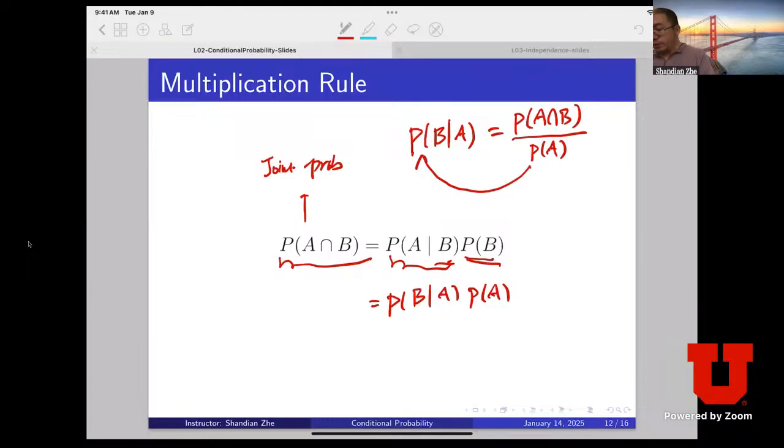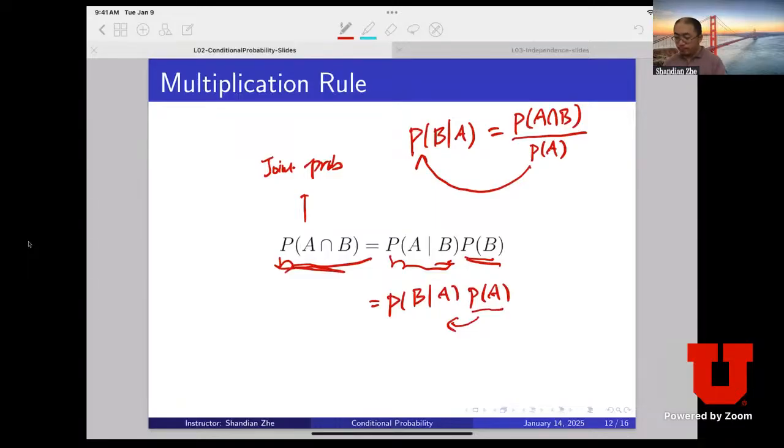So you get another way to represent the joint probability, which is P of A times the conditional probability of B given A. Any question?